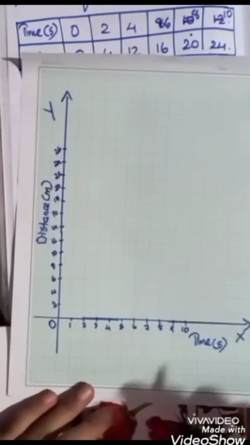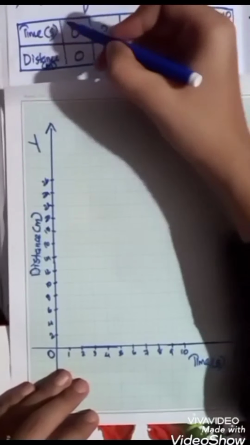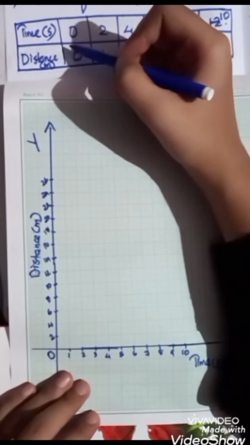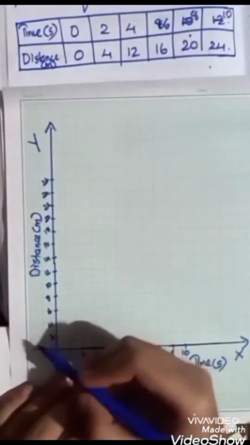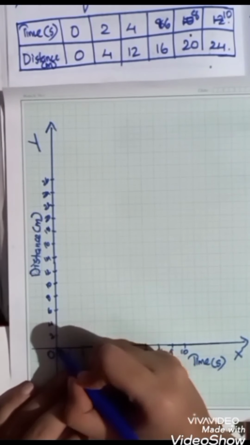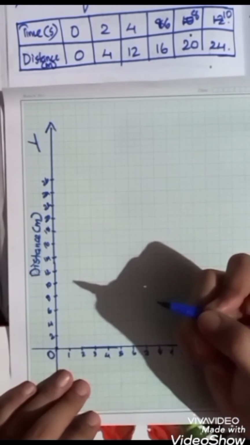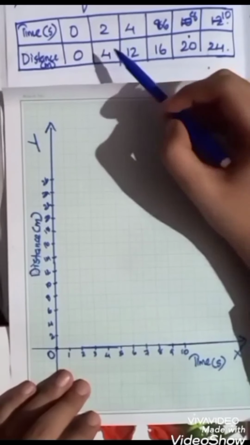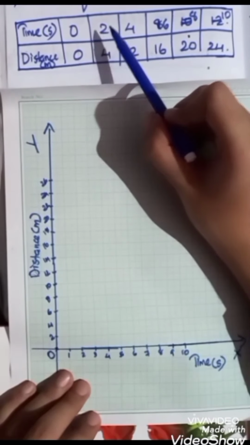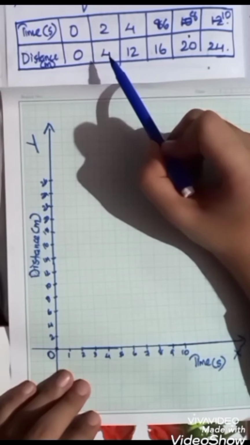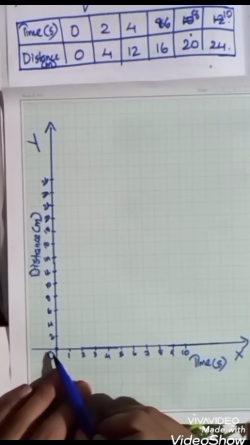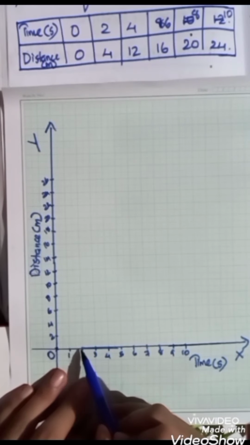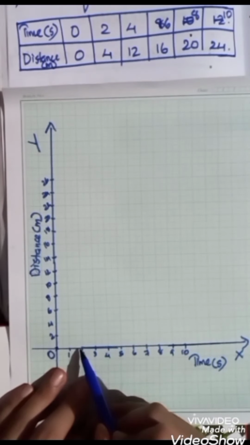Here we have to mark the distance 0 and the time 0. That is, at time 0 the distance is 0. Then at 2 seconds it covers 4 meter. That is 1, 2, at 2 seconds it covers 4 meter.